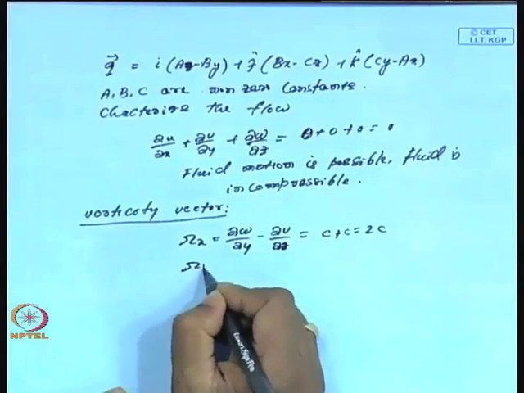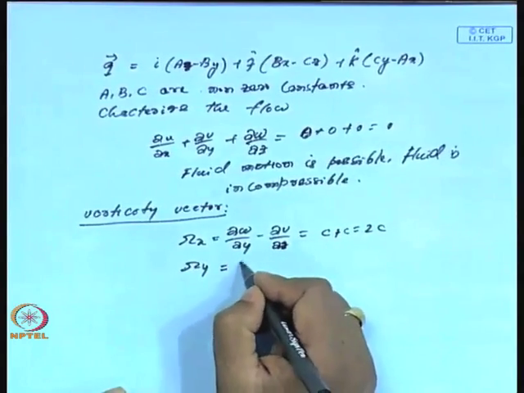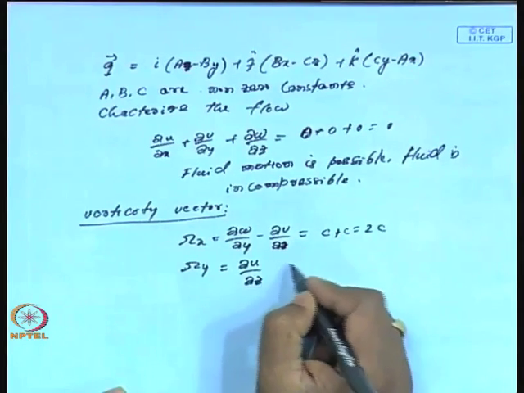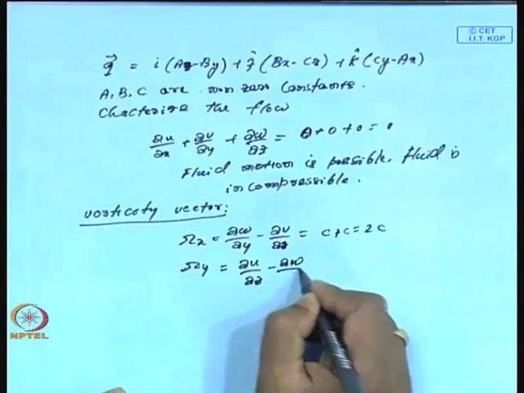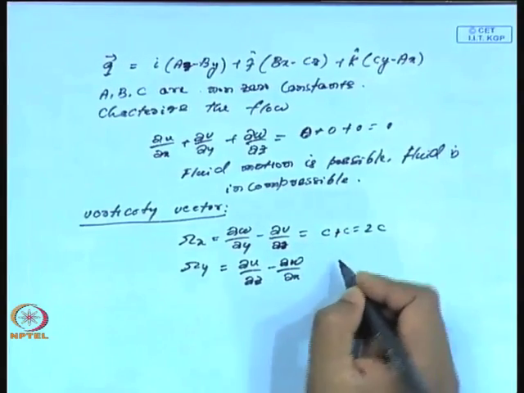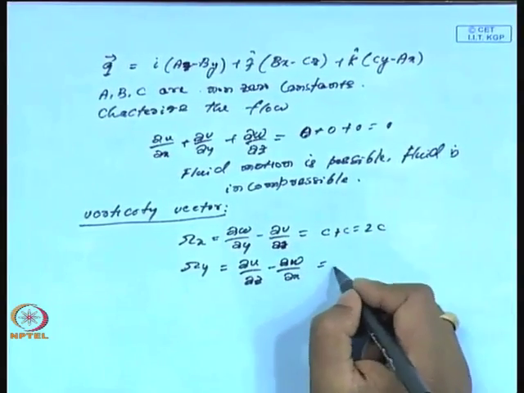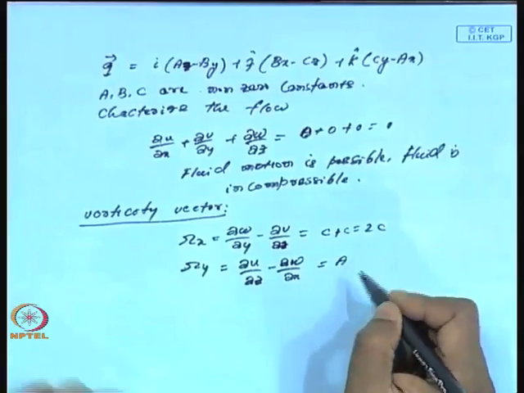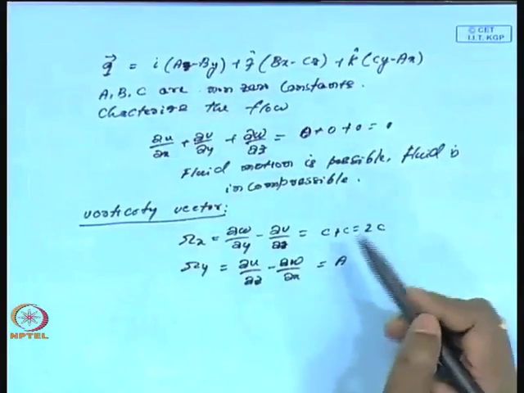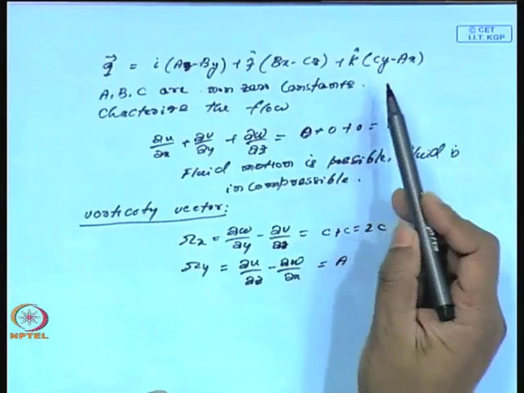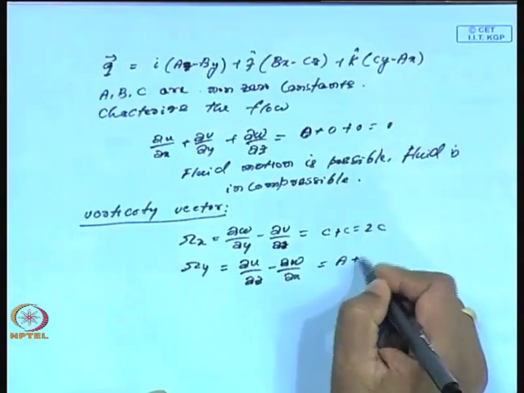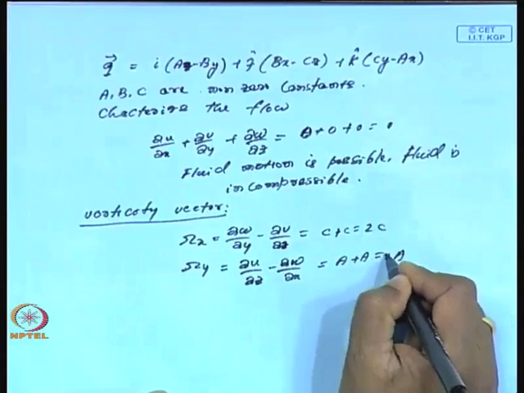Omega y is equal to del u by del z minus del w by del x. Del u by del z is 0, minus del w by del x is plus a, that is 2 a.